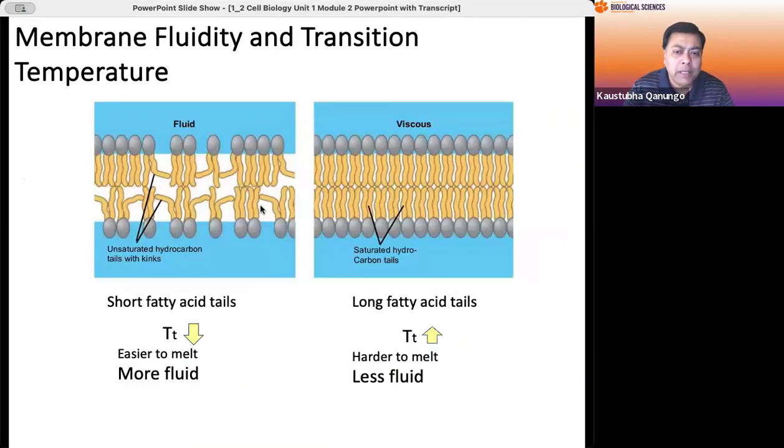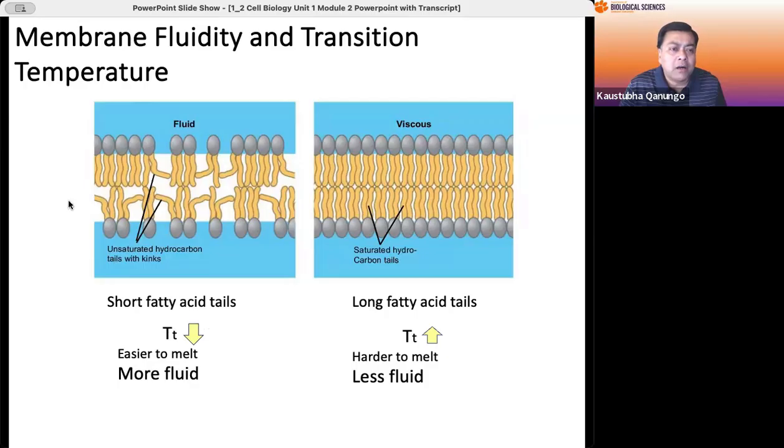So what we are looking at here is that these are short fatty acid tails, and some of them have unsaturated tails with kinks. The transition temperature is less there, and they are easier to melt, and more fluid, like this. On the other hand, these are long fatty acid tails, saturated hydrocarbon tails, and the transition temperature is higher, so they are harder to melt.